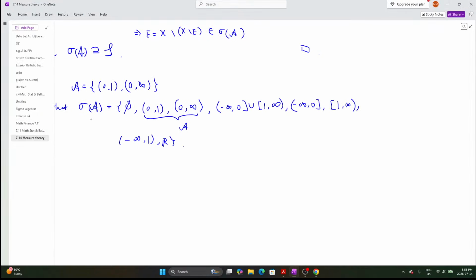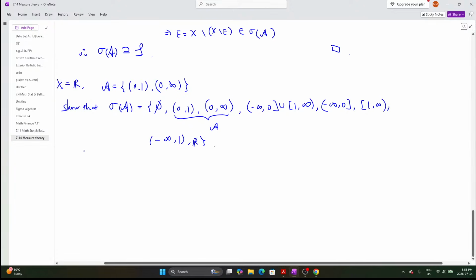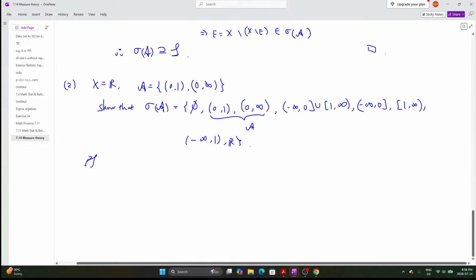So we wish to show that. I guess the hierarchy rule might be fruitful here. Not sure what that means, but anyway, let's just continue with the exercise proof.